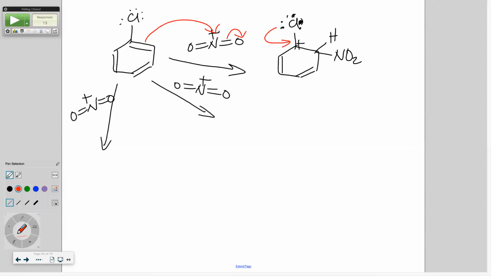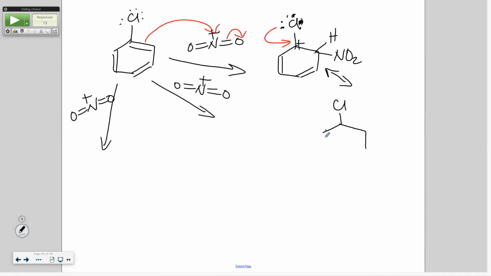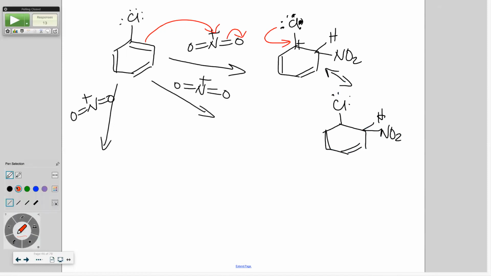And because that gets stabilized, that's why chlorine is, okay, so I'm going to draw what didn't change. And so here I'm going to put a double bond to the chlorine, and the chlorine is going to get the plus. See that?